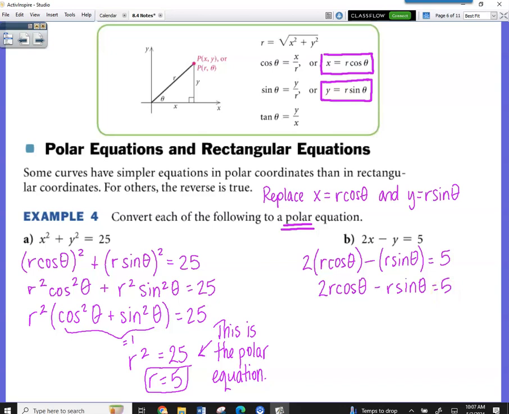Okay, what do you notice they both have? They both have an r. Let's pull the r to the front and see what we end up with.